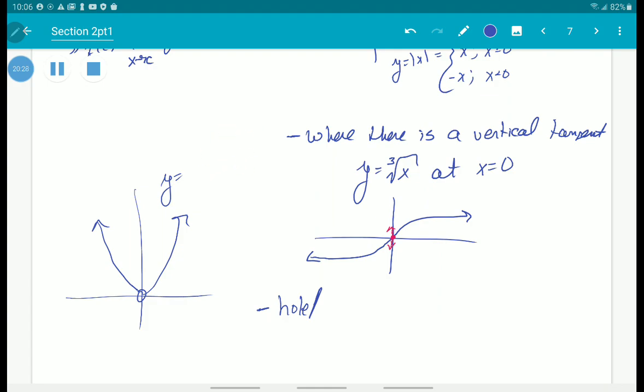Actually, it wouldn't even be a piecewise function. We would have a hole here. We would not be able to evaluate the derivative there because the function's not defined there. Anywhere you have a vertical asymptote, you're going to have problems also. Like the function y equals 1 over x has a problem at 0 because it has a vertical asymptote at 0. Everywhere else, we could find the derivative, but 0 is going to be a problem because the function's not defined.